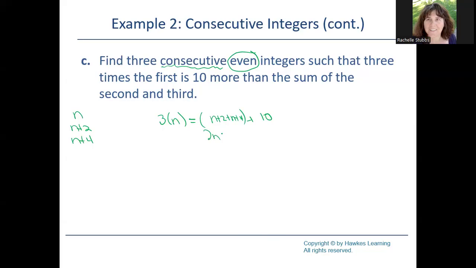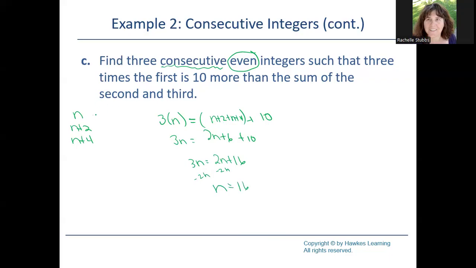That's 2n plus 6 plus 10, 3n over here. That's 2n plus 16, 3n. Subtract 2n from each side. I get n equals 16.